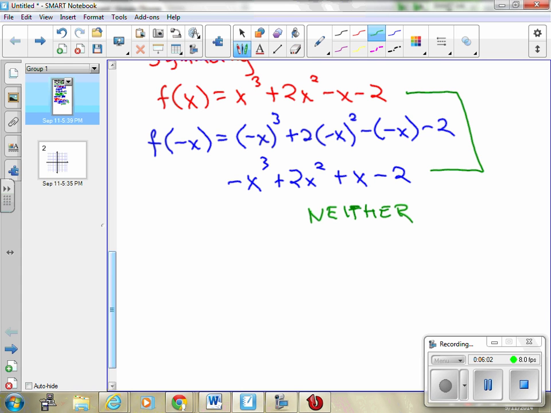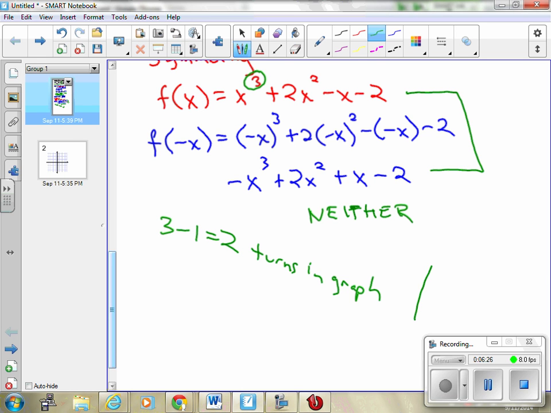However, one last piece of information that we need to know is that whatever our degree is, this is a degree 3, that means that we are going to see one less than that. So 3 minus 1 is 2. We are going to see 2 turns in the graph.